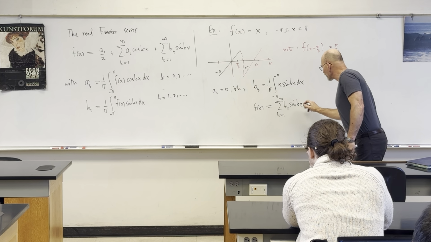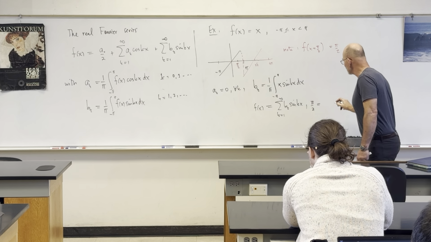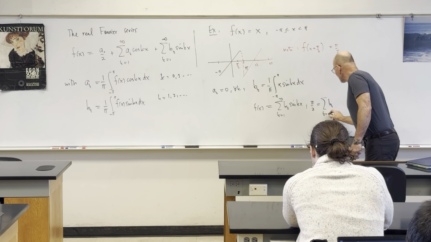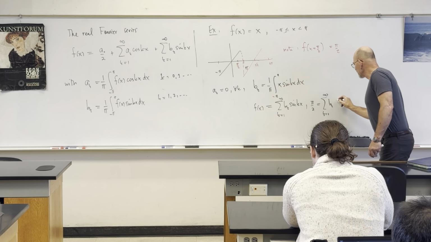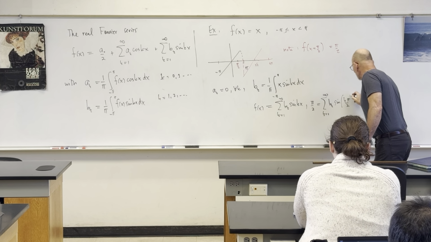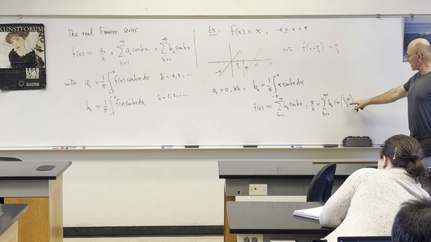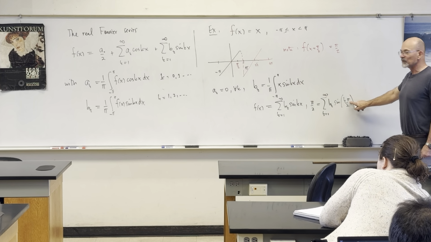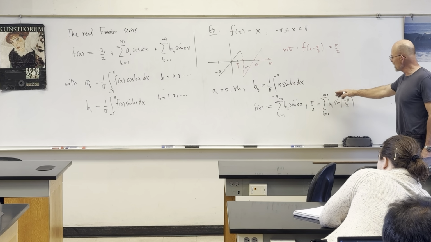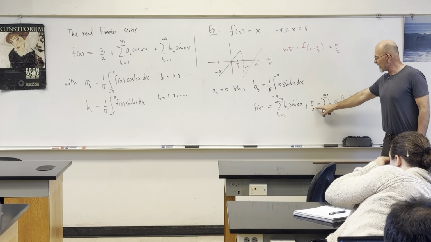So f of pi over 2, you're going to get pi over 2 is equal to the sum of these b sub k's sine of k pi over 2. So that's sort of an alternating thing, because sine of pi over 2 is 1, 2 pi over 2 is 0, you get a minus 1. So you're actually going to generate this alternating series in terms of k whose summation ends up to be pi over 2.